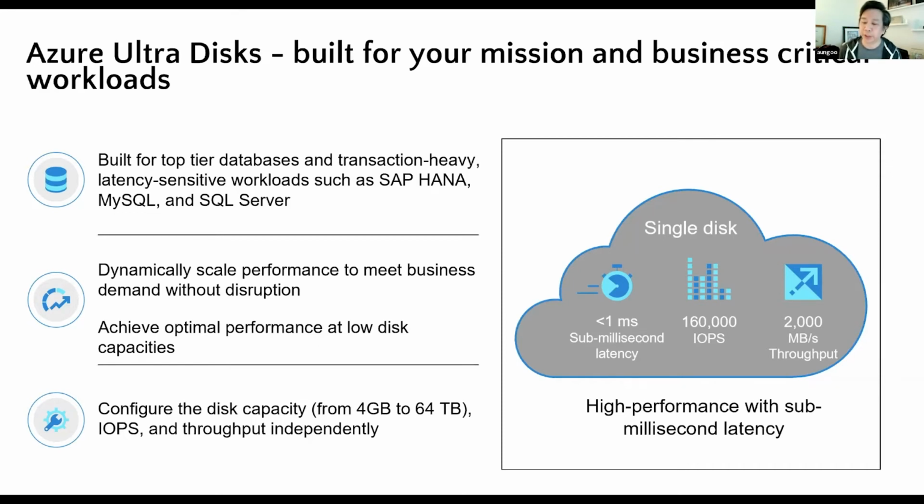With UltraDisk, you can dynamically scale your throughput and IOPS to meet demand without shutting down your VMs. You also have the flexibility to configure capacity, IOPS, and throughput independently to choose the characteristics that meet your performance need. Next slide, Jay.